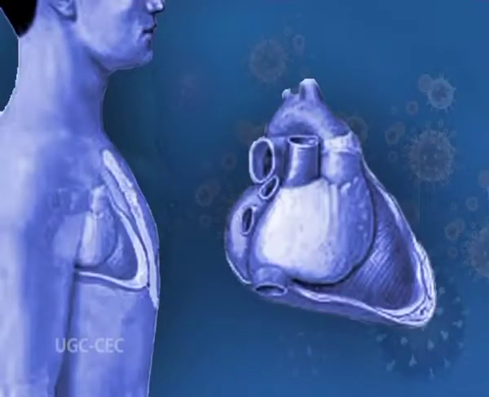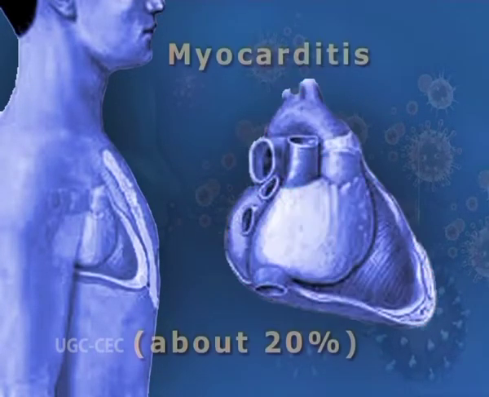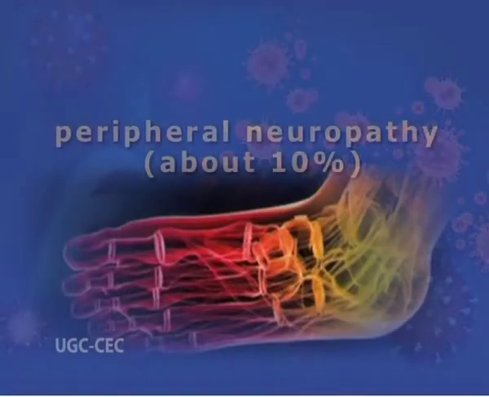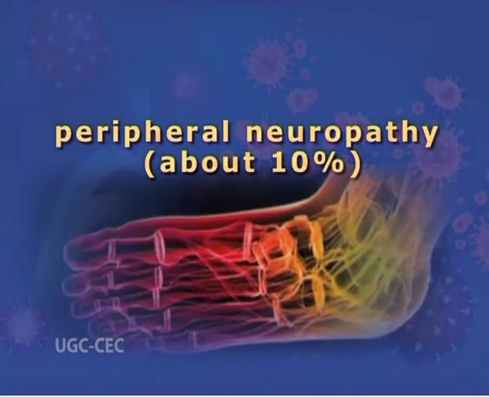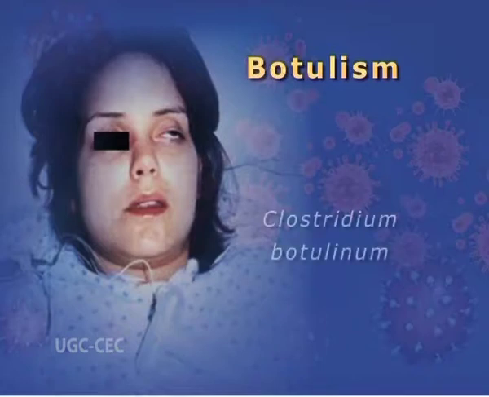A milder form of diphtheria can be restricted to the skin, causing myocarditis in about 20% of cases, and peripheral neuropathy in about 10%. Botulism. Causative agent Clostridium botulinum.